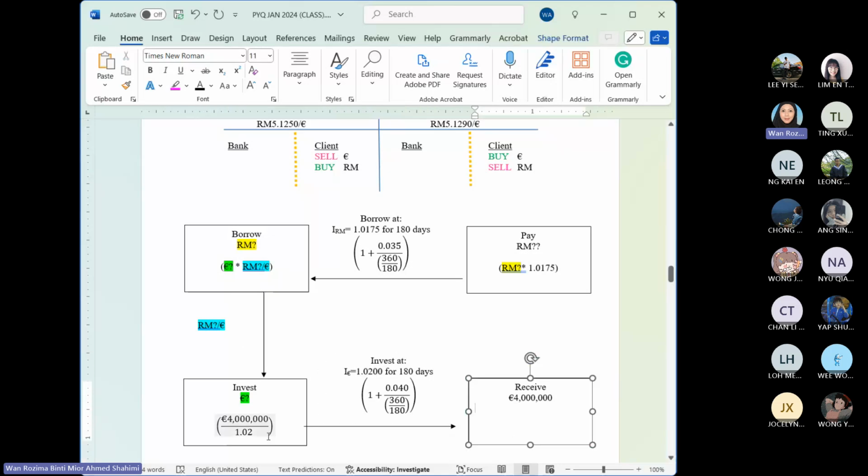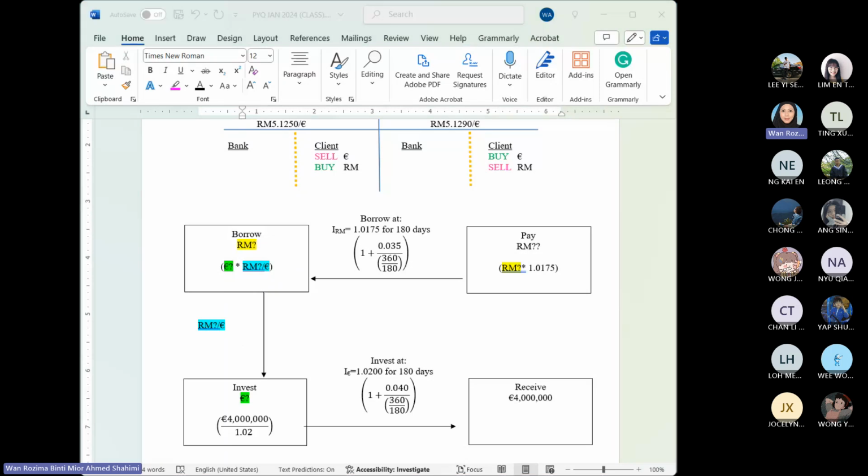Once you get the interest factor, you divide the account payable by the interest factor. So 4 million divided by 1.02, and then you will get the amount.